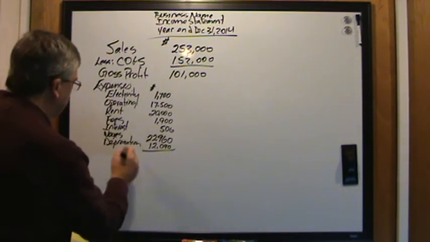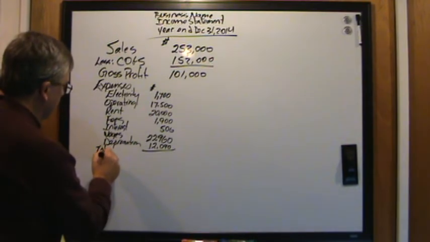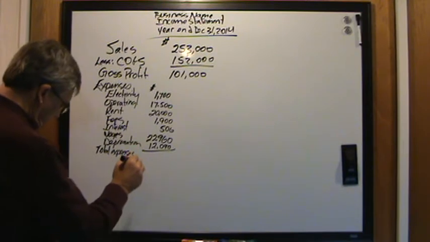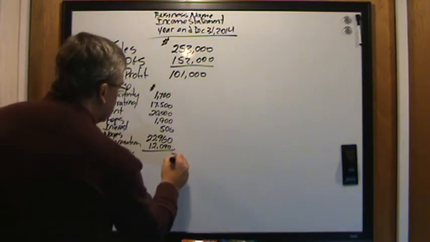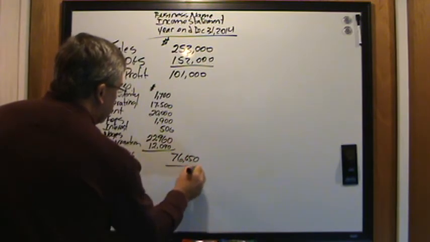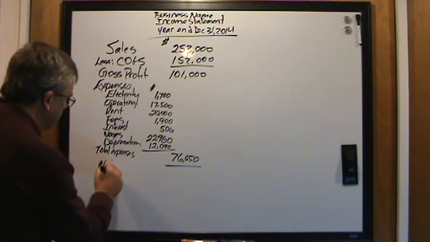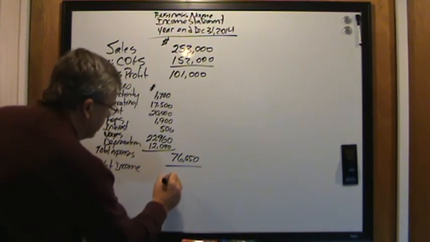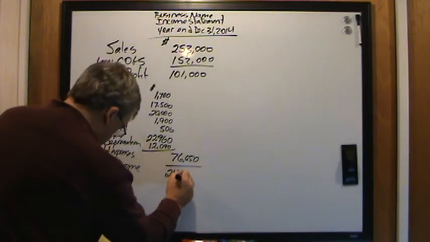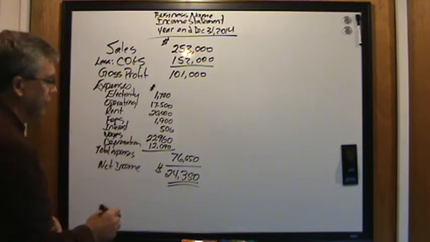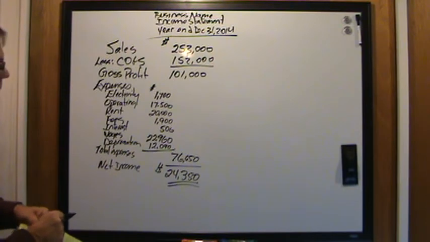Okay, so total expenses were $76,650 for a net income equal to $24,350. Double underline because it's at the end, and we have the balance sheet.